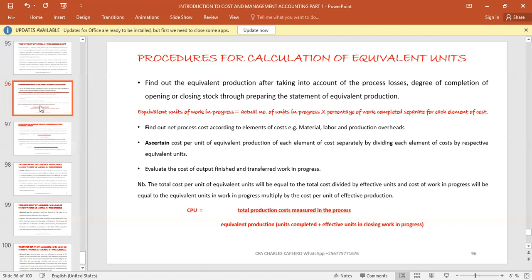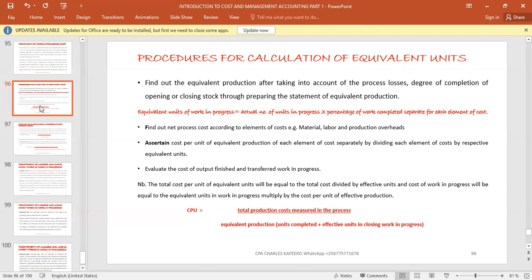What is very crucial is that opening work in progress means those units were already in the system. When we are introducing new input, those work in progress units don't need raw materials, meaning that the percentage of consumption of raw materials will be 0% because they are already in the system. They just have something small remaining to get out of production.